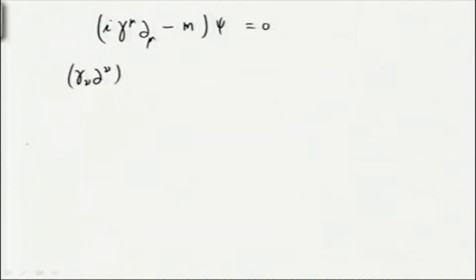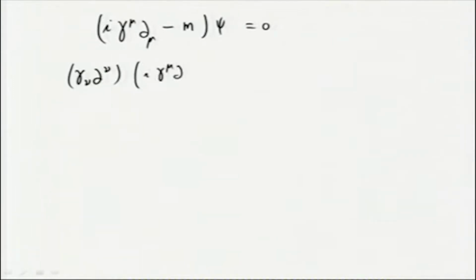If you take the Dirac equation (i γ^μ ∂_μ − m) ψ = 0, multiply it with the operator γ^ν ∂_ν, where ν is summed over, and in the Dirac equation μ is summed over.